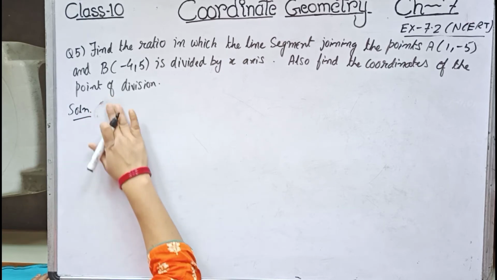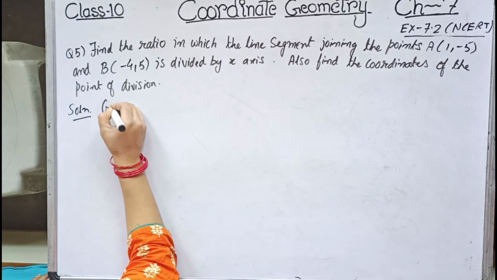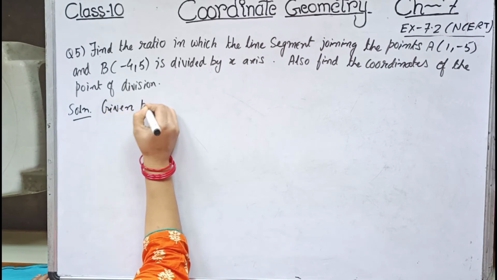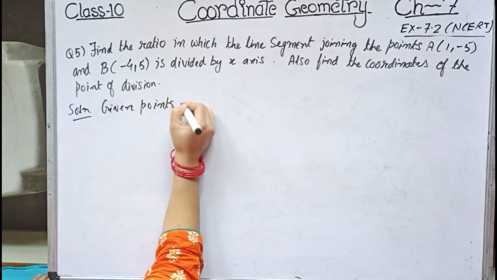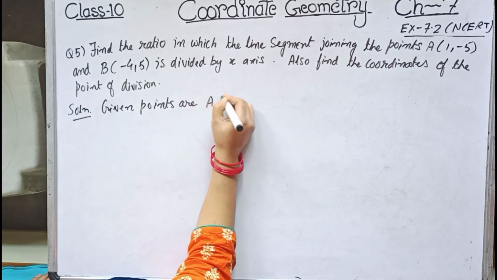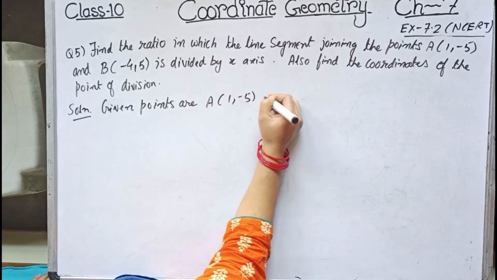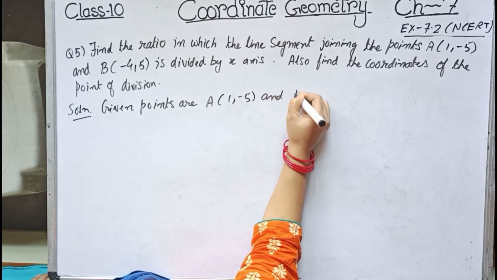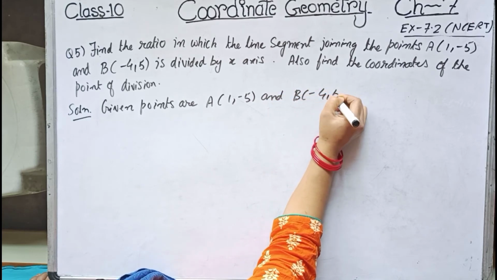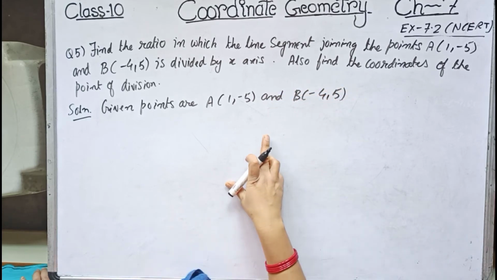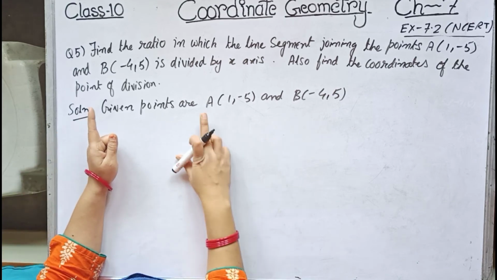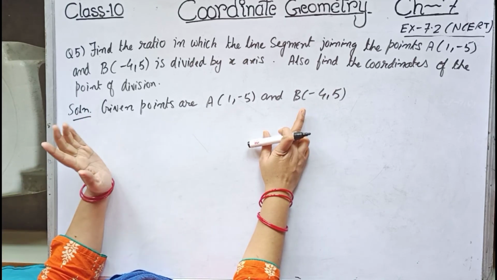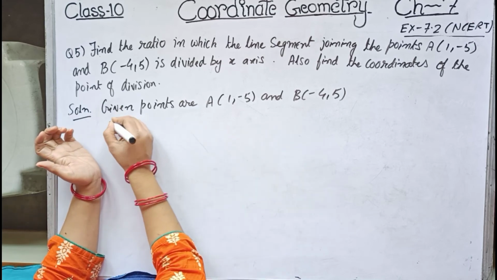The points are A (1, -5) and B (-4, 5), and the question is asking to find the ratio in which the line segment joining these two points is divided by the x-axis.